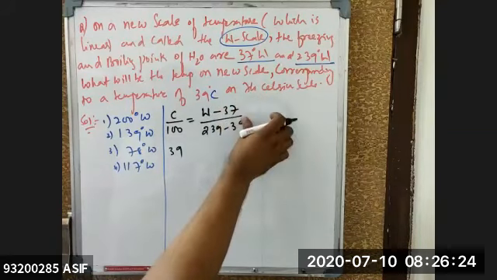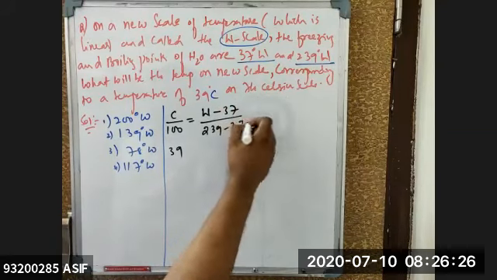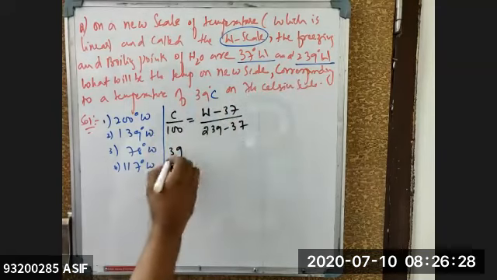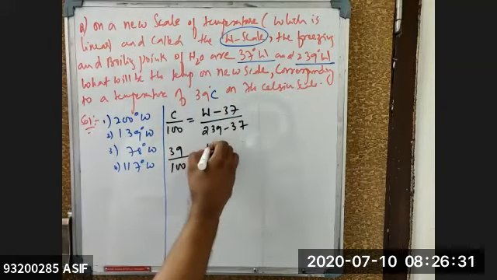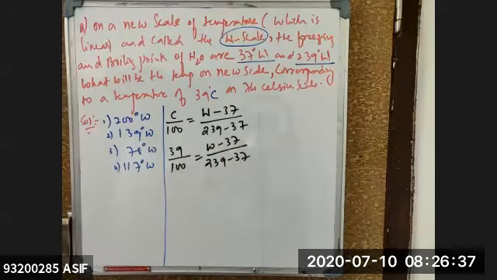This is 37, and this should also be 37. So the temperature on the Celsius scale is 39 divided by 100 equals W minus 37 divided by 239 minus 37, which is 202. See how much I'm getting?